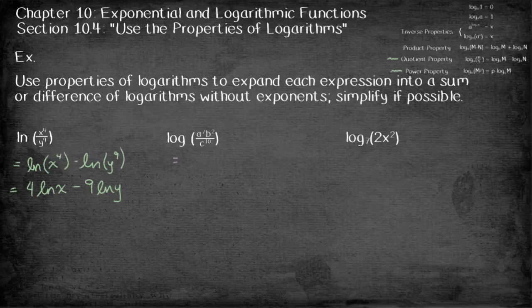Next up, I have the common logarithm of a to the 7th b squared. And let's see, so I can use my quotient property again. And I can use my product property to separate those in the first logarithm.